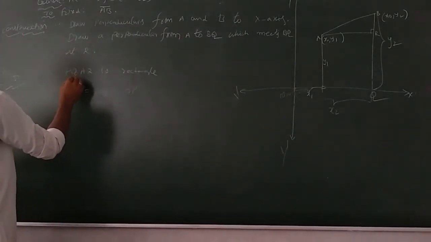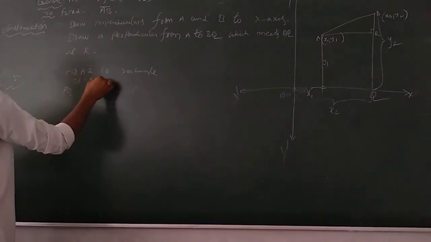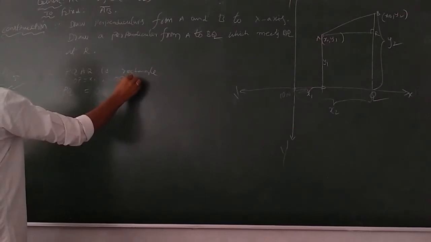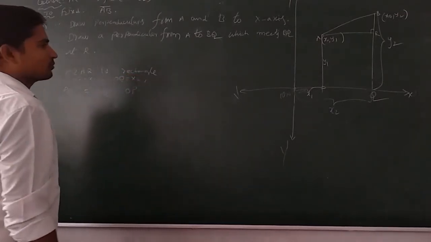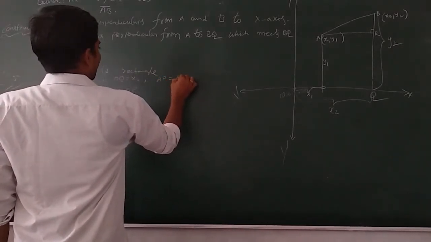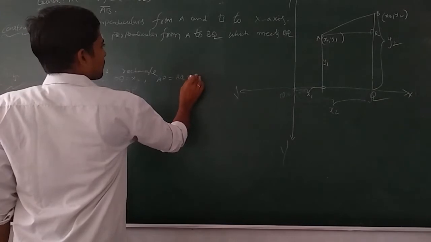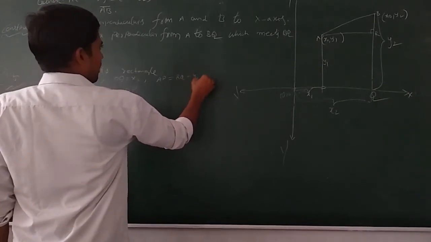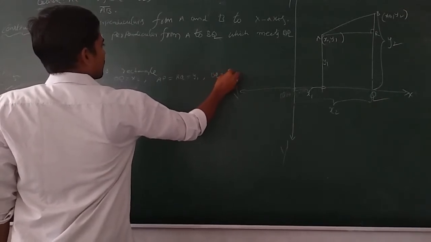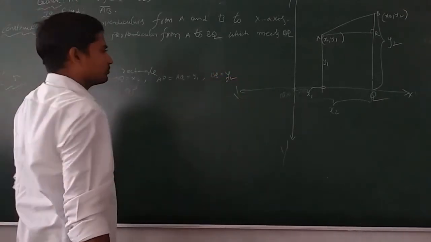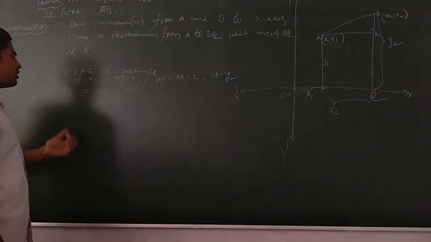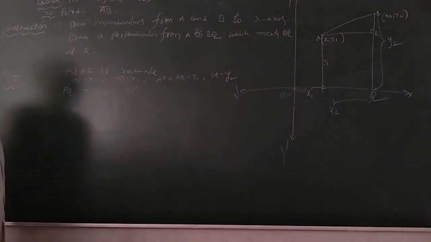Let us write here otherwise. OP equal to x1 and OQ is equal to x2, AP equal to y1 and RQ equal to y1, BQ is equal to y2. What is PQ here? PQ is equal to OQ minus OP.